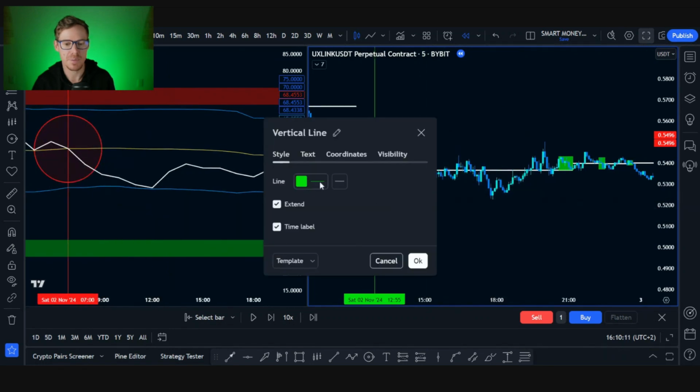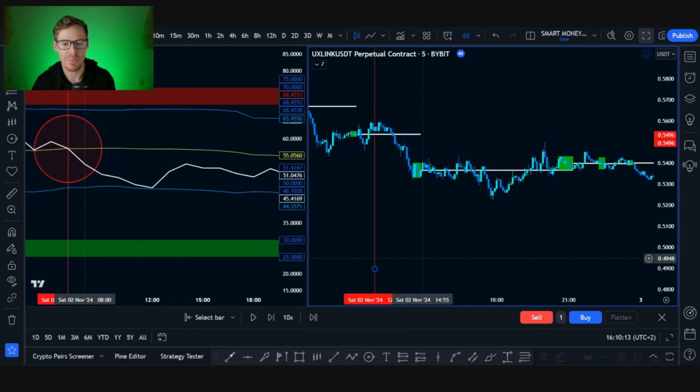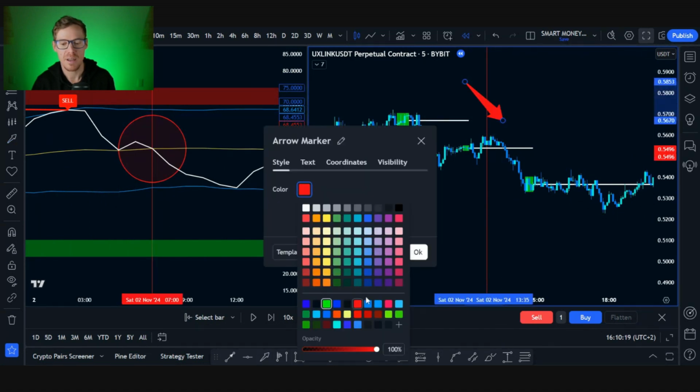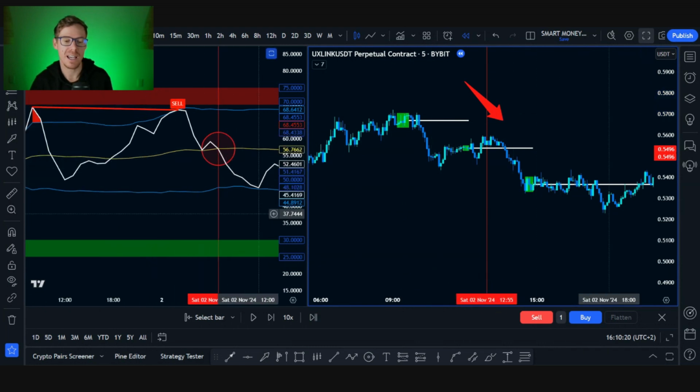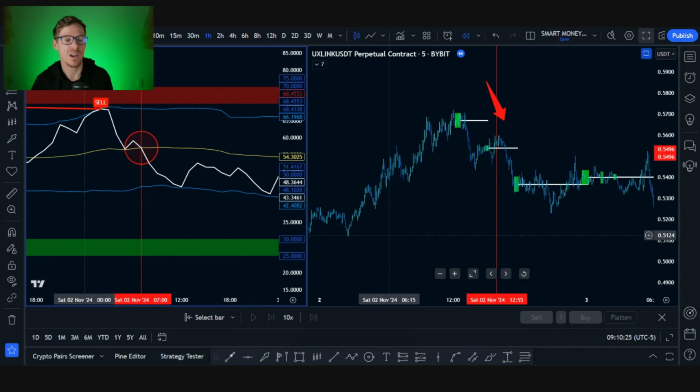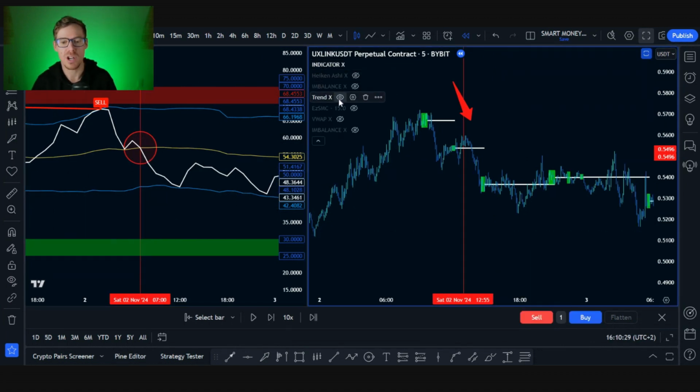Okay, so from this point over here is where the market has gone short. So we're only looking for shorts when price has crossed this line, because we confirmed on the TDI X, guys. It's letting us know here the sentiment that it's moving into. And of course, we could also put Trend X on our charts and get more data, or you could also use Imbalance X and get more data.